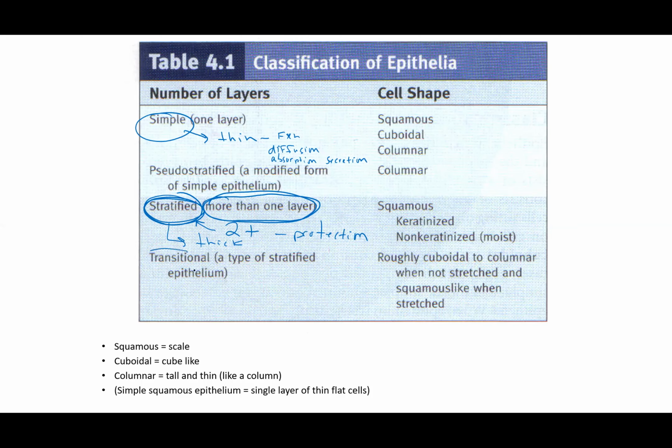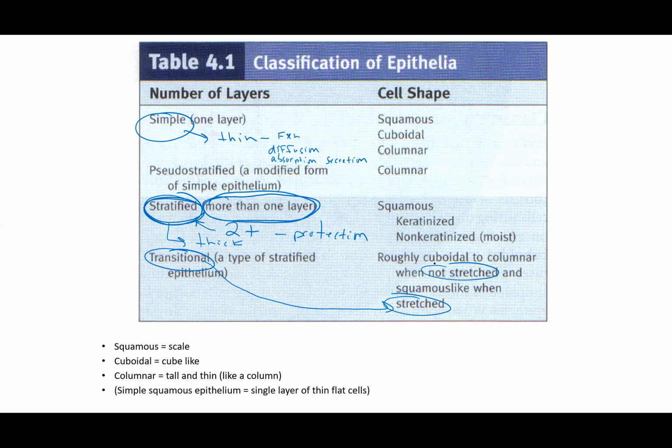Then we have transitional epithelial tissue, which means it is in transition. It has the ability to be stretched. So it can go from a non-stretched position to a stretched position, and it can go back and forth, kind of like an ACE bandage, which is elastic.